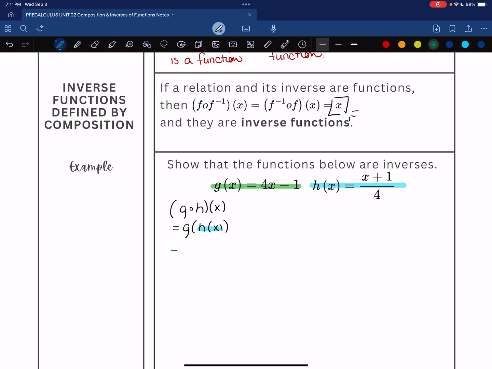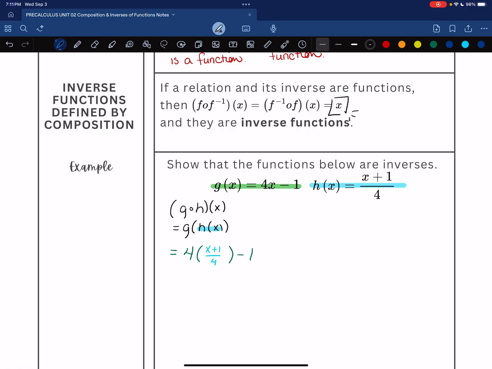So that means my g function is 4, and then we're going to put an input minus 1. That input is the whole h function, just like so. Now let's go ahead and simplify and see if we have inverses.